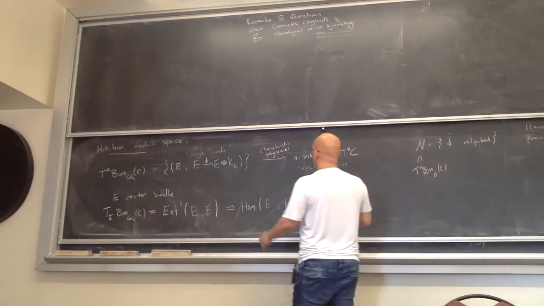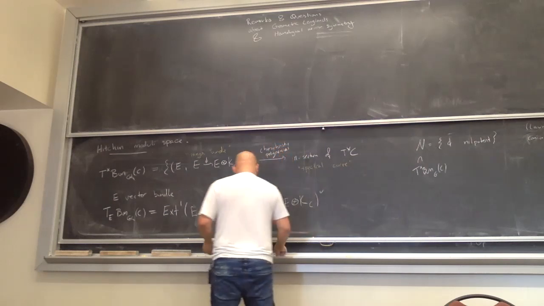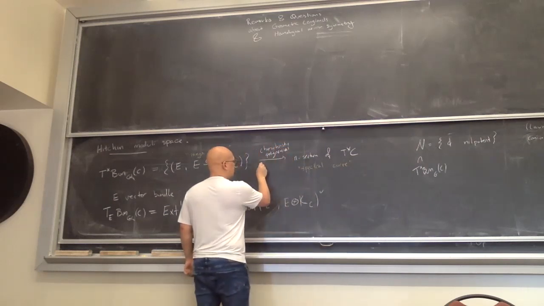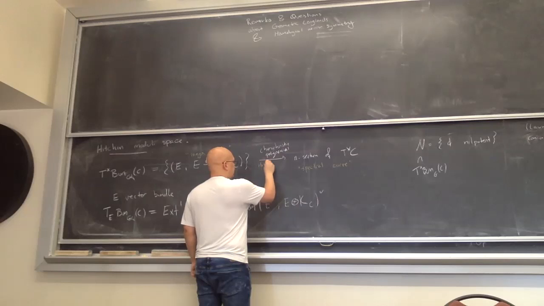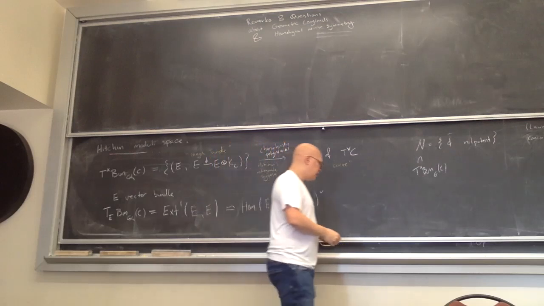Then maybe I should tell you a little bit more about this map, the Hitchin map. We'll come back to that. This is called Hitchin's integrable system.